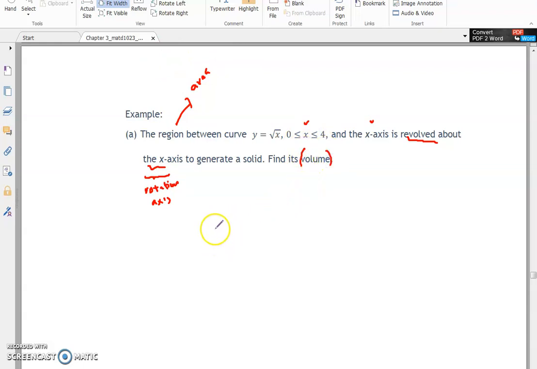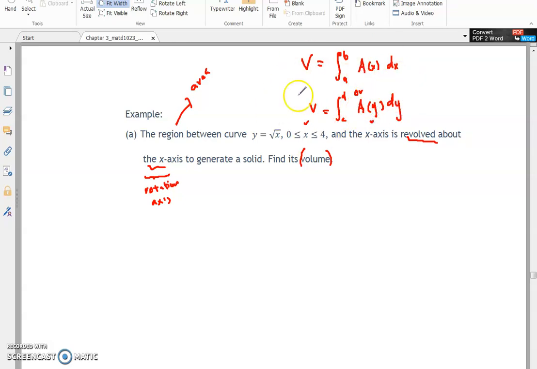As we already know, in order to find a volume, the volume can be obtained by using the formula of integrating from a to b, which is your lower limit to the upper limit, of your function A(x) with respect to dx, or it can be V equals integral from c to d, which is our own limit there, but now in terms of y, A(y) dy.